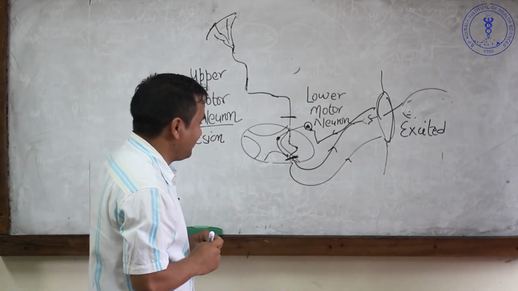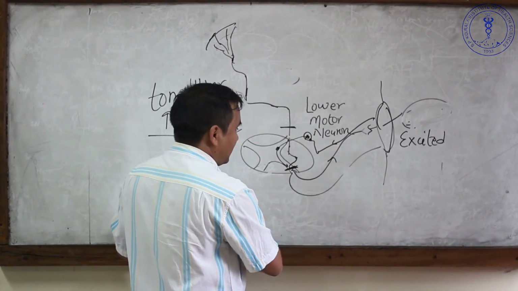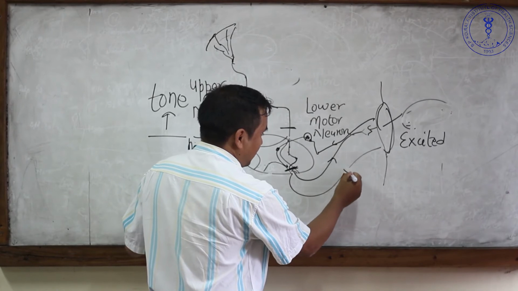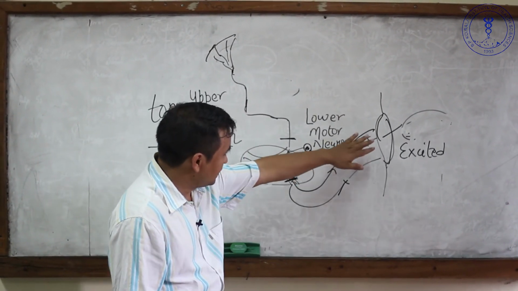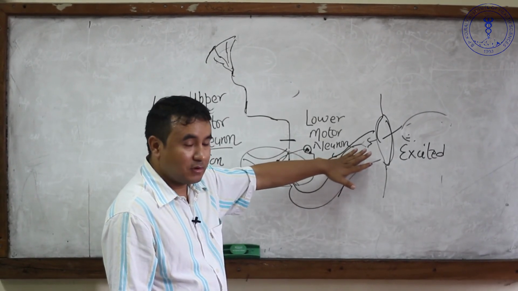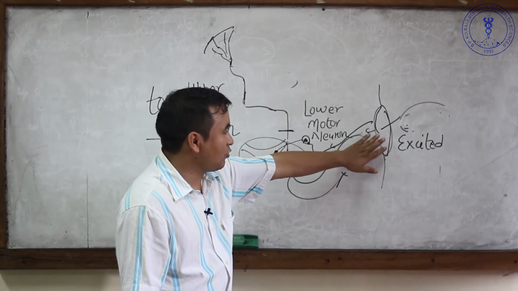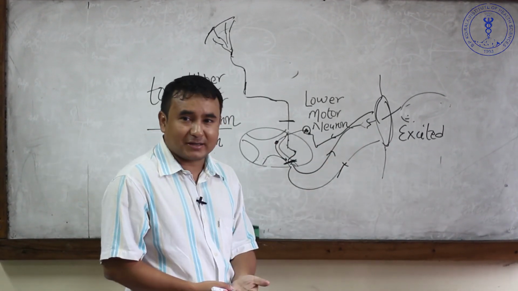Now think about a lesion at this level. If you have a problem at the level of the nerve, then what happens? There is no action of even the locally mediated reflex. If there is no action of this reflex, then from where is your muscle going to contract?